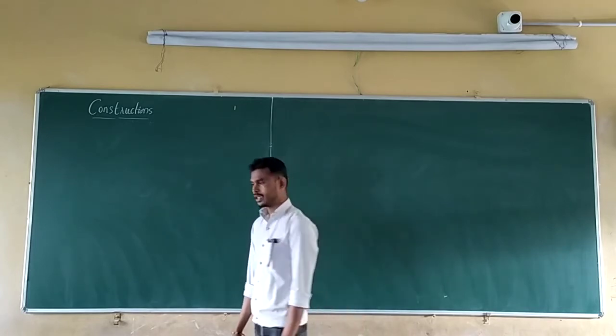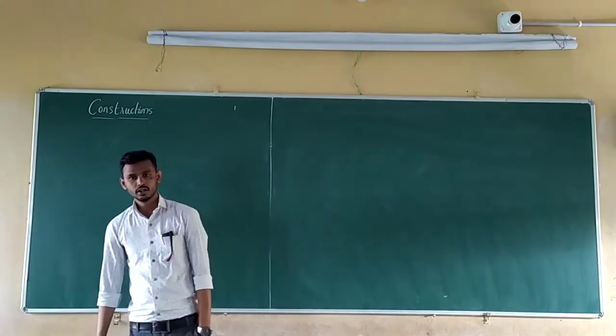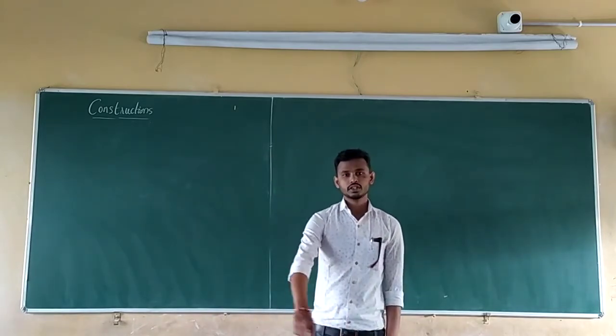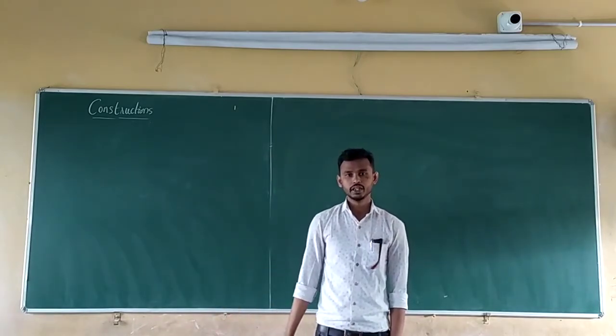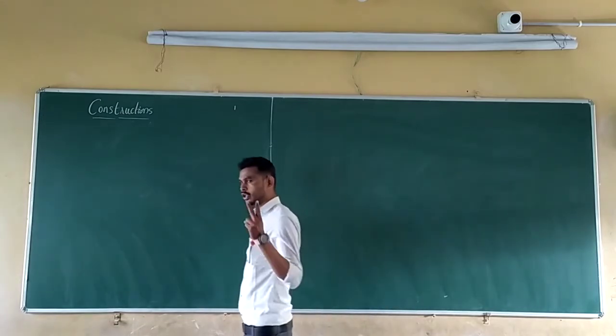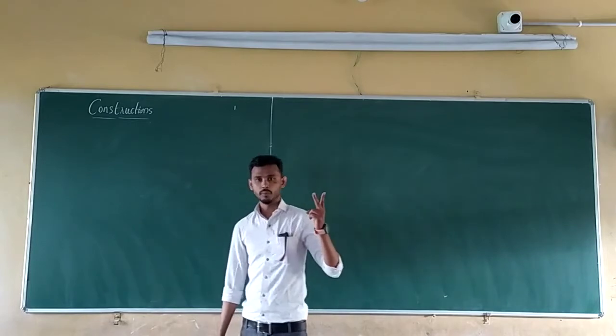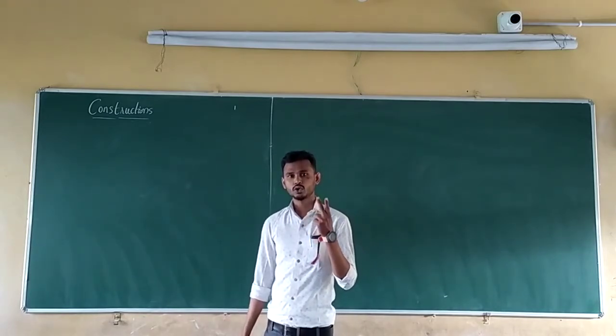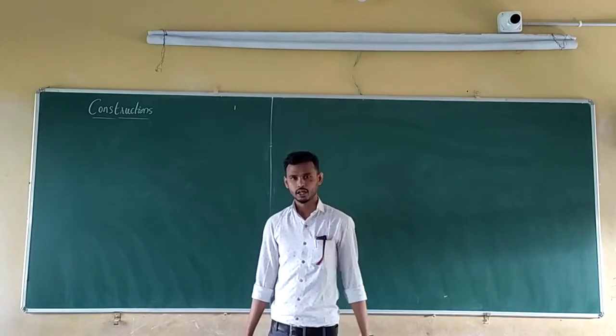But for this academic year, the board has removed the construction of a similar triangle to the given triangle. So here we are going to study only two things: division of a line segment and drawing the tangents to a circle from an external point.